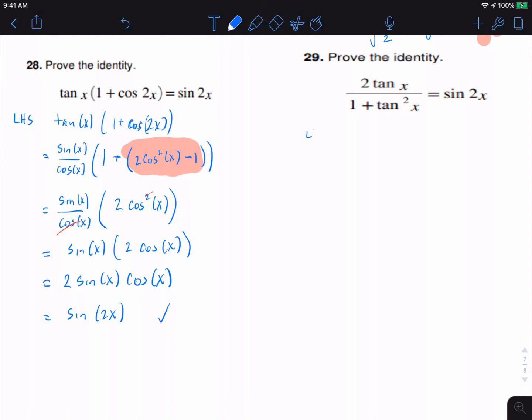So I'm going to go, all right, left-hand side, 2 sine of x over cosine of x all over 1 plus sine of x over cosine of x, that whole thing squared. Give me 1 second, please.